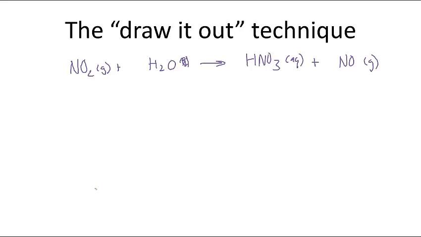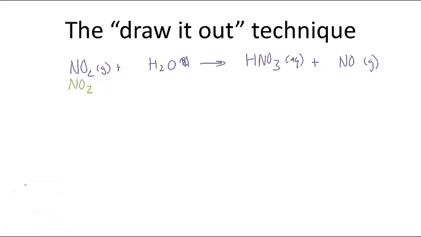So I count 1 nitrogen on my reactant side, 1, 2 on my product side. So I know I need more nitrogen dioxide. So let's see. I'm going to write another one underneath. Okay. So now, I have 2 nitrogens on each side.